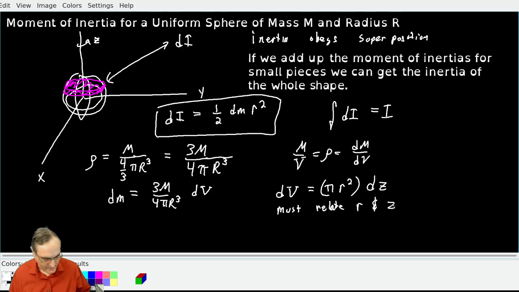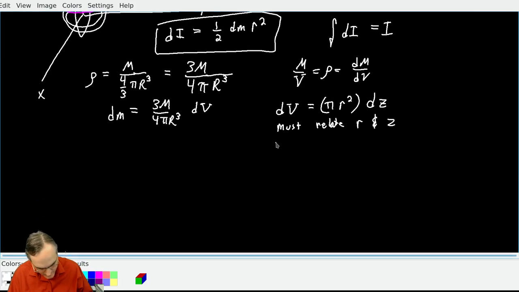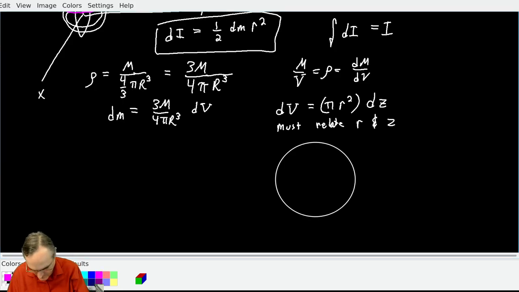That means we need to relate r and z. So dz, that vertical axis, if we look at a projection of the whole shape here, we've got r along one side, we've got z along the other, and we know the diagonal. Let me make this drawing way bigger. Here, along the line through the middle, there's the center.